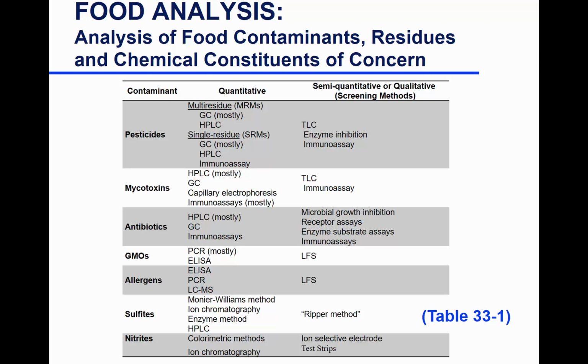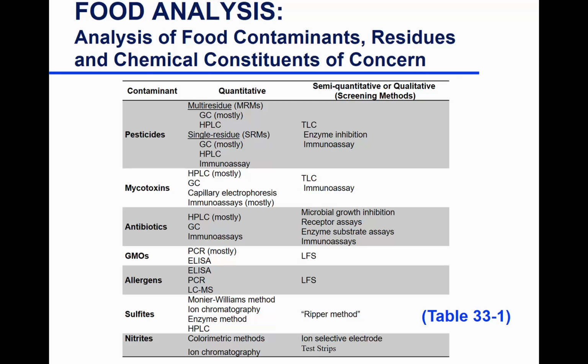For the main ones that we're going to talk about, there's this table in chapter 33, table 1. It summarizes, which is a good one to study, quantitative methods versus semi-quantitative and qualitative, or what we call screening methods. If we look at pesticides, for example, you have the multi-residue versus single residue.